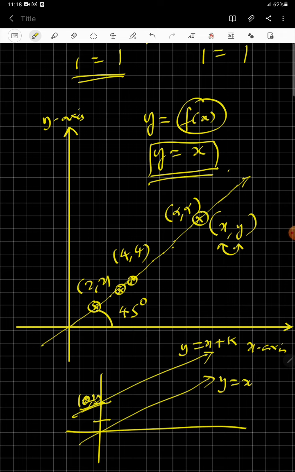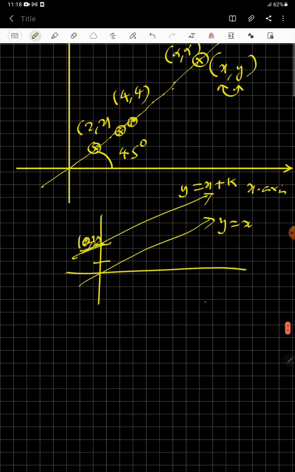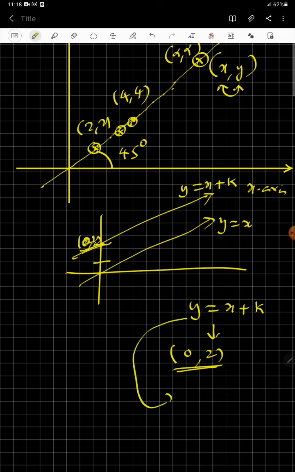So if we substitute it here, y is equal to x plus k, and it should pass through the point 0 comma 2. Then we substitute x value 0 and y value 2 in that one. So what we get is 2 is equal to 0 plus k, implies k is equal to 2.